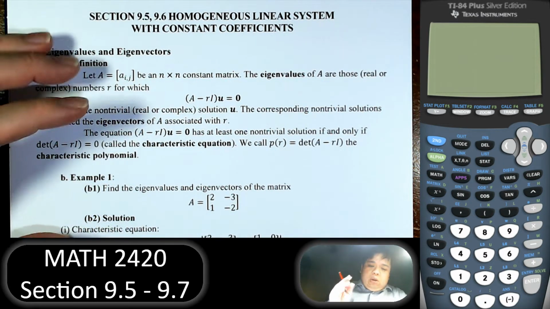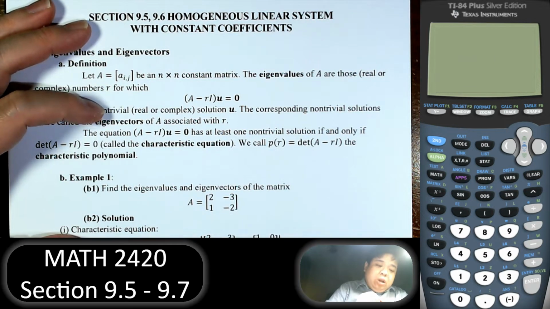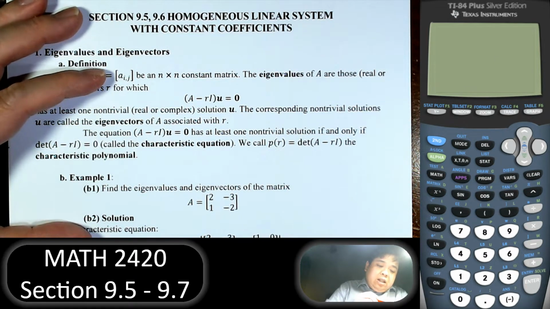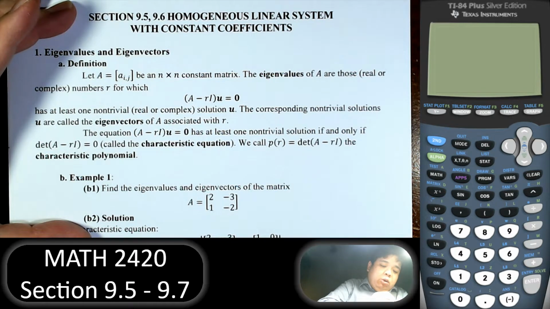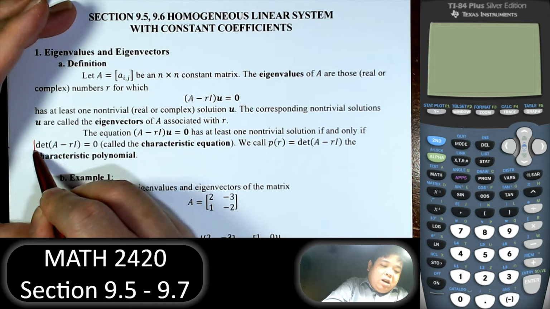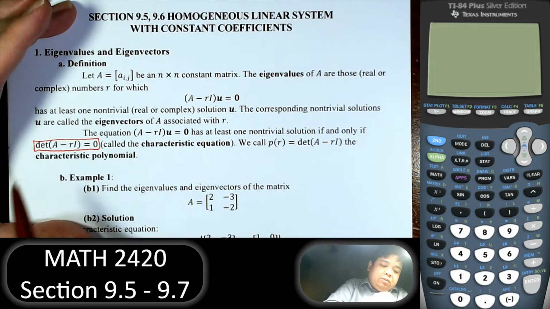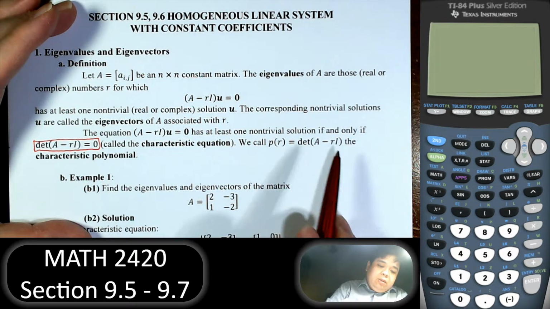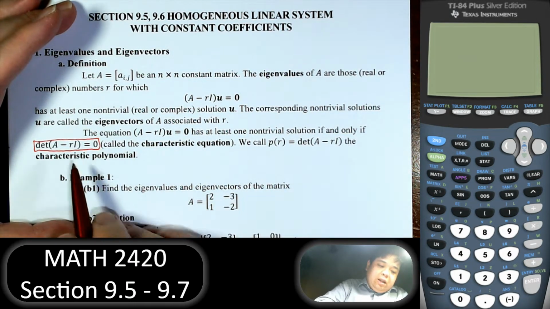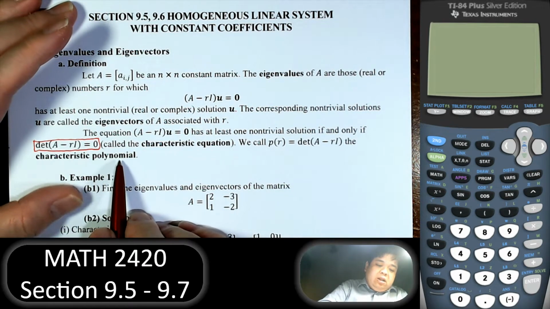Alright, so we need to pay attention to two things. First, to get the eigenvalues, we will solve this one, which is called the characteristic equation. So the determinant has to be equal to 0. That is called the characteristic equation.